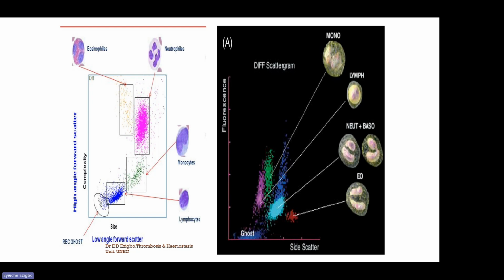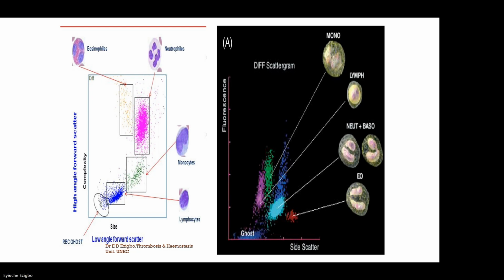These are the monocytes, this population of cells picking up these things. These are the neutrophils, you can see they pick up these things. Then these are the eosinophils, and you know that the eosinophils are highly granulated in internal complexity. You see where they are, is it diffracted or reflected? See, they are reflected.